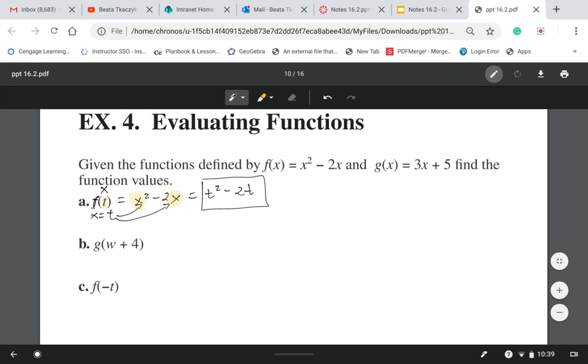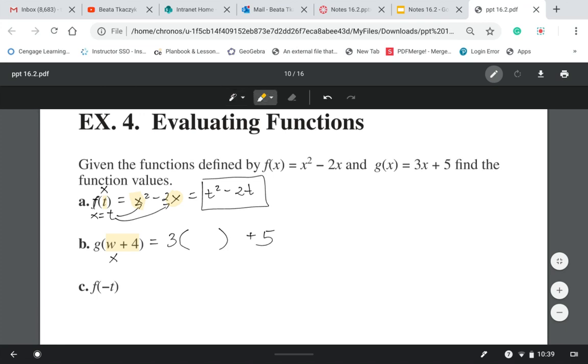In B, we have g of w plus 4. So again, the expression inside of the parenthesis represents the input, so that's your x. Okay, so how are we going to do it? We're going to copy, in this case, the equation of function g, which is 3 times x plus 5.